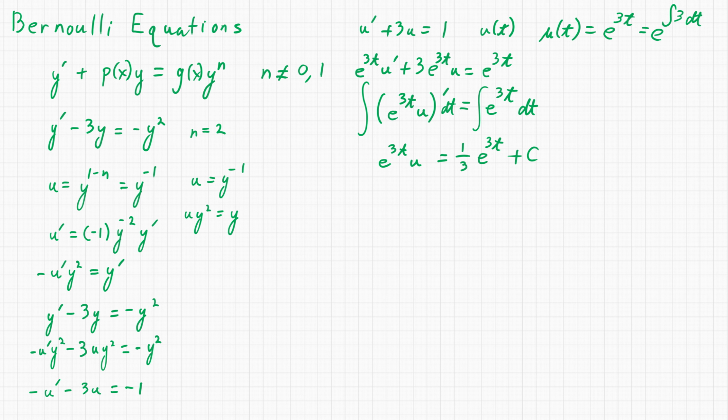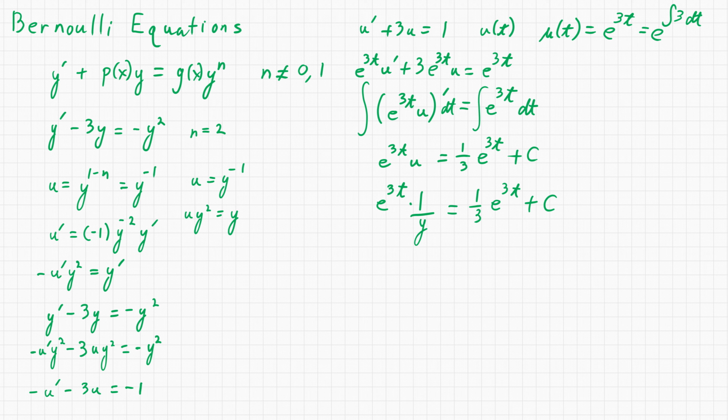Then we can solve for u, and actually let's plug in y now in case it gets nasty. u is equal to y to the -1, so this is e to the 3t times 1 over y equals 1/3 e to the 3t plus a constant.